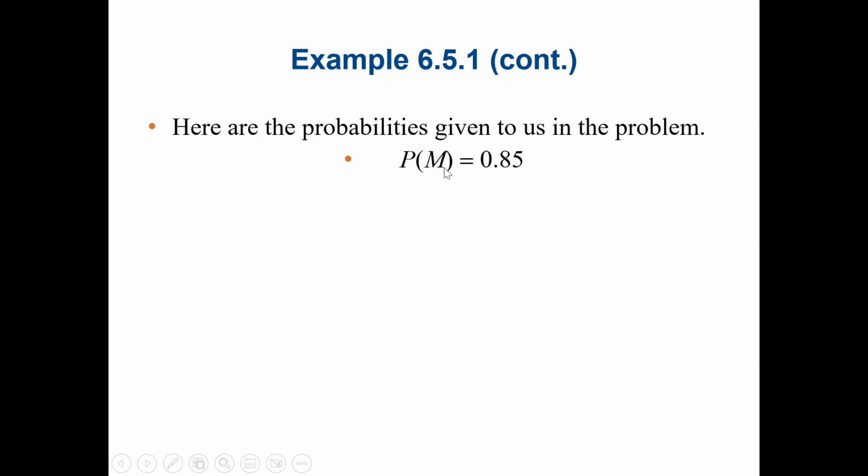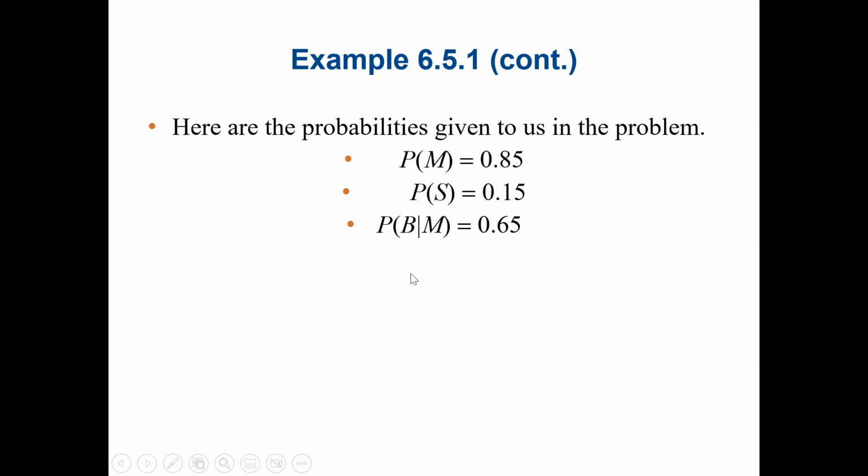The probability of M, which is the probability of passengers flying on the major airline, is 85%, or 0.85. Then the probability of passengers flying on the small airline is 15%, or 0.15.